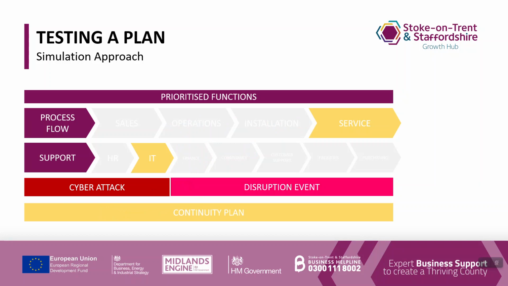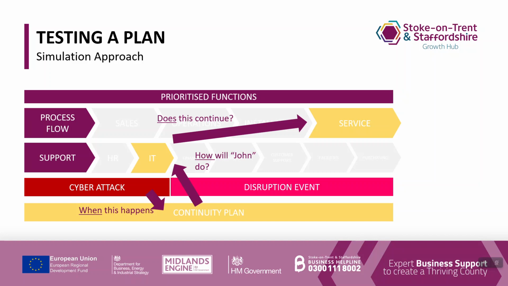The simulation approach is a bit more reactionary. It's a bit more on the ground. So it's more: when this event occurs, what will John do, or how will John do this, according to the business continuity plan? And in this scenario, does our front-facing fulfillment and service continue? So it's a bit more proactive and a bit more concrete, as opposed to the what-ifs of the checklist approach.